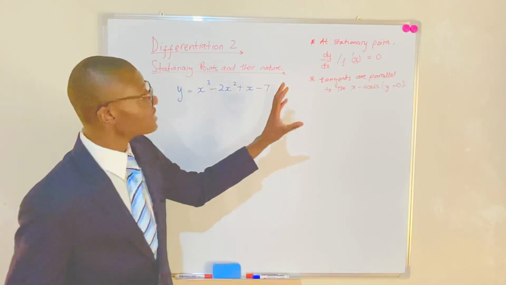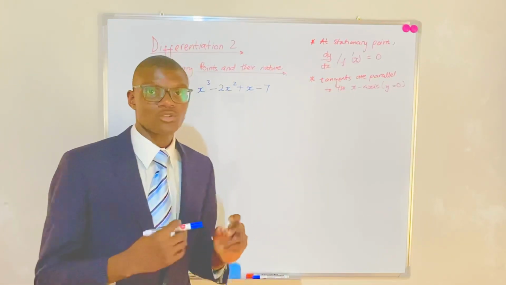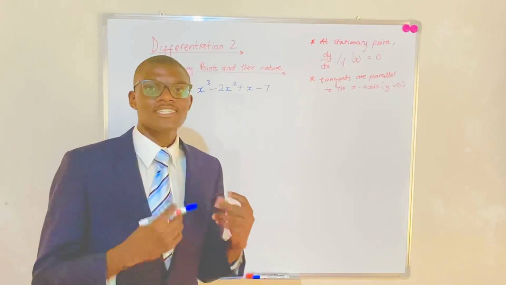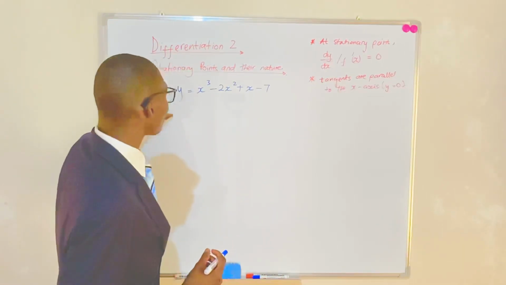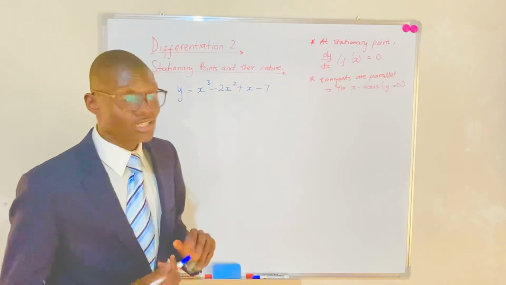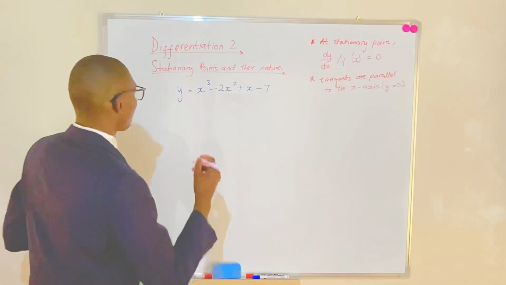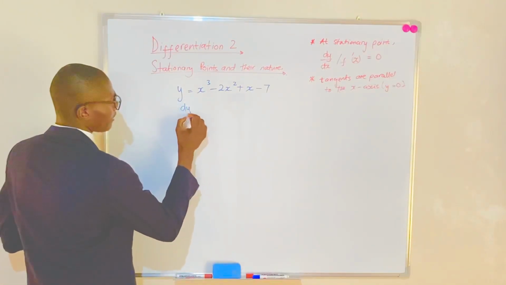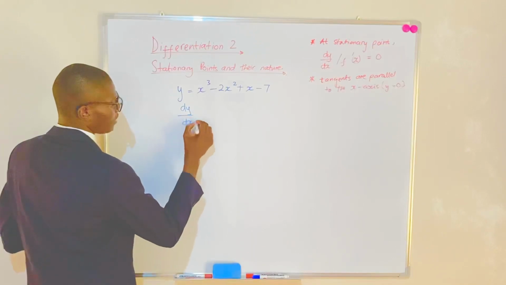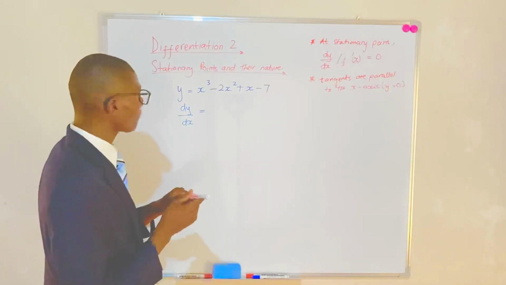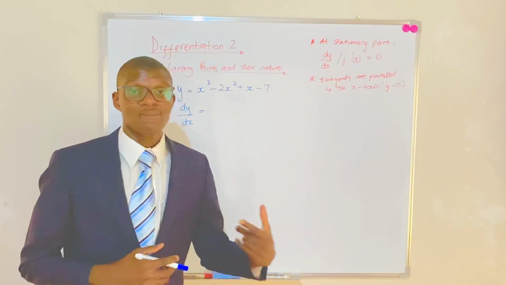We said at a stationary point, the gradient function is equal to 0. So our first task is to find the gradient function for this function, which is dy by dx. So dy by dx will be equal to, now we shall differentiate term by term.